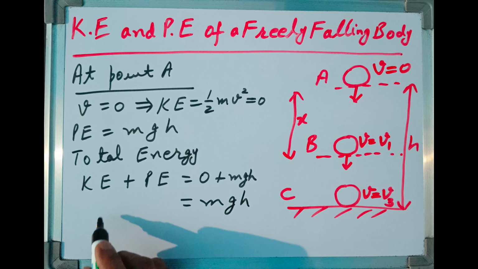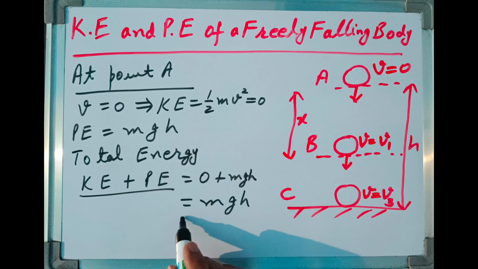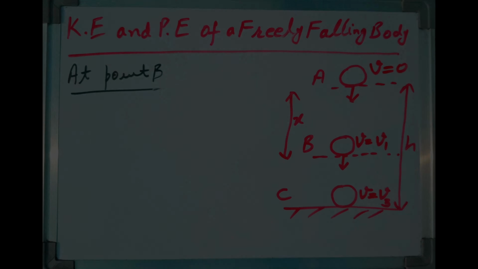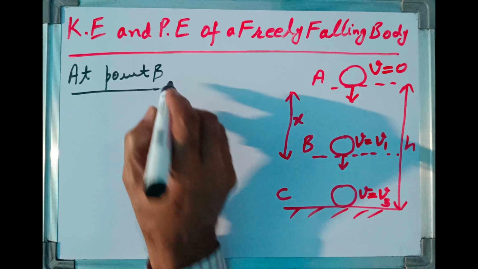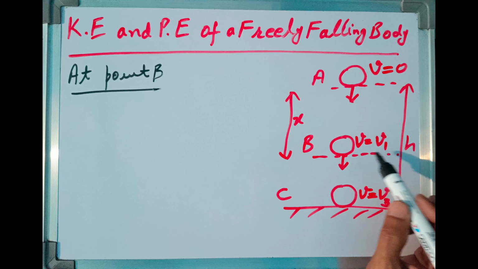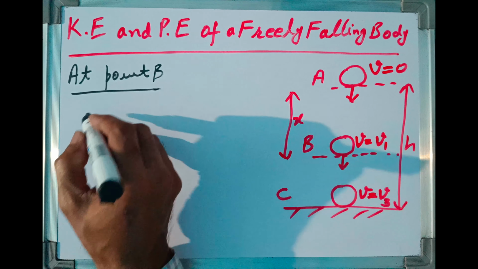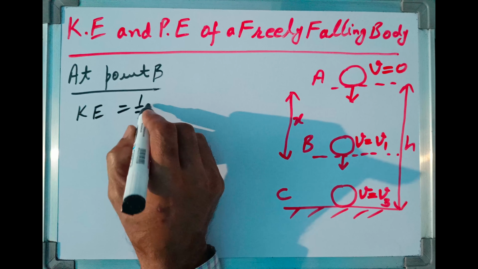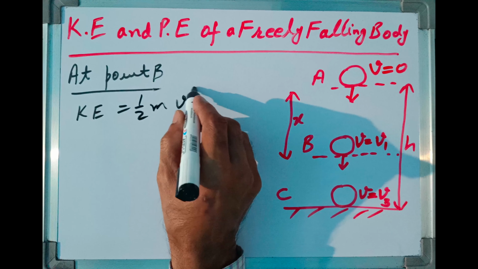So this is the value of sum of kinetic energy and potential energy of body when it is at the starting point A. At point B, as we have supposed, speed of the body becomes v1, so its kinetic energy will be equal to half m v1 square.